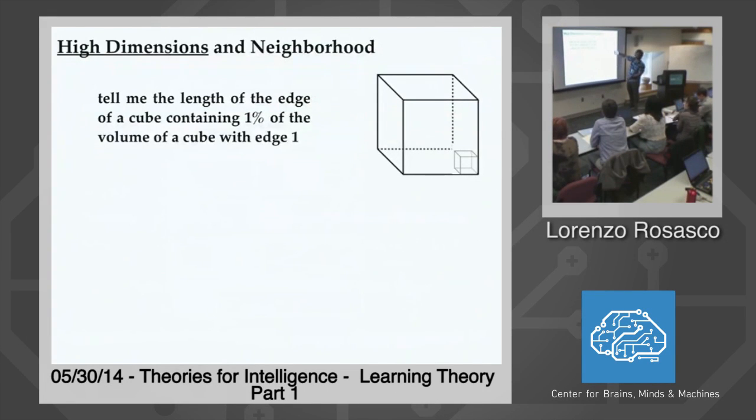I want to know how big this cube has to be to occupy 1% of the volume of the big cube. The big cube has edge 1, so the volume is 1. I want the volume of this to be 1%. And so I'm asking you how big this has to be. The mathematical problem. What do you have to do?